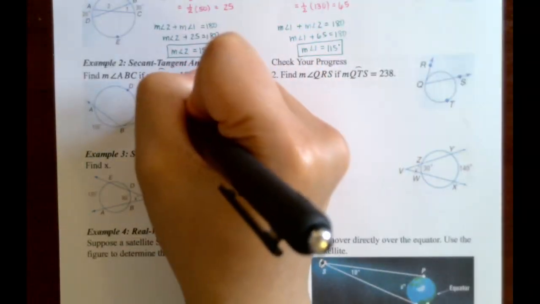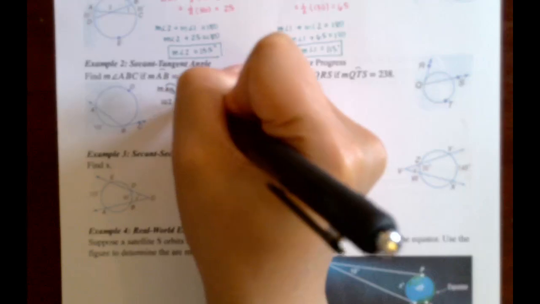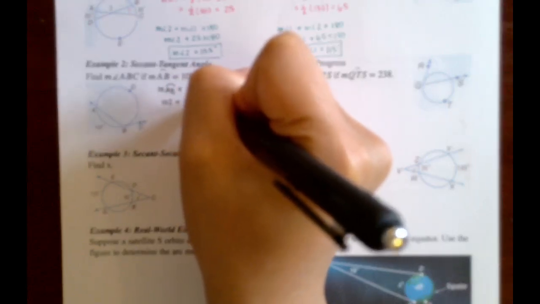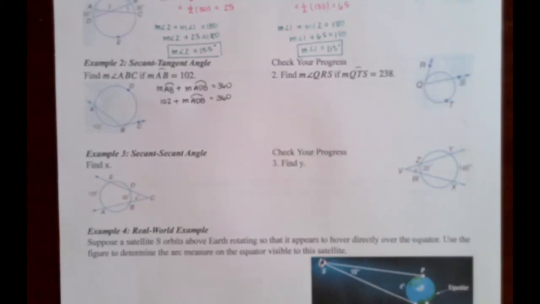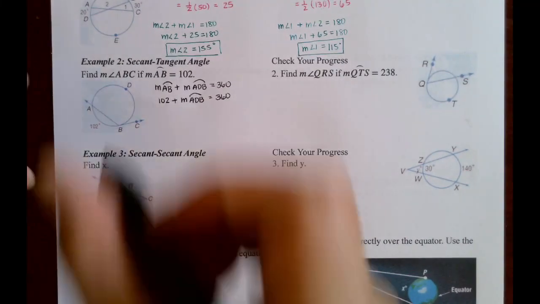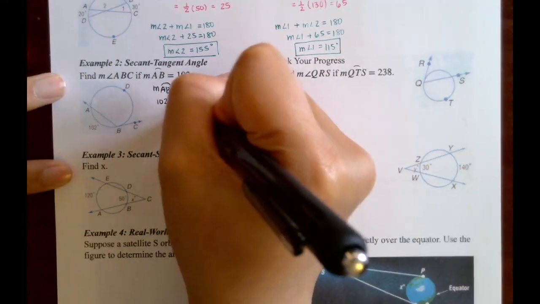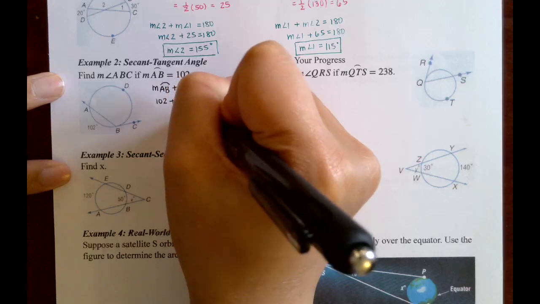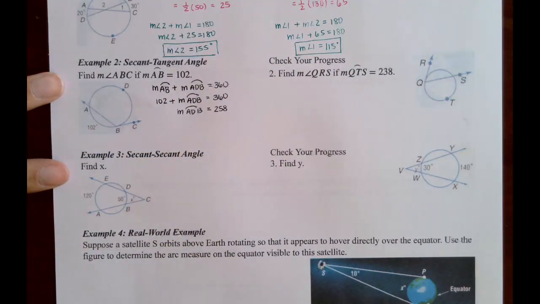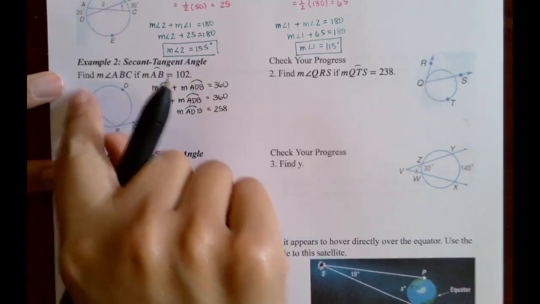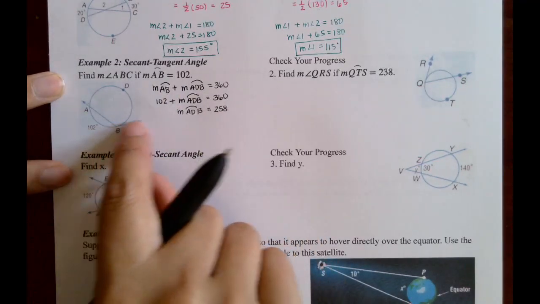If AB is 102, I can subtract 102 on both sides, and that gives me arc ADB equals 258. Then for angle ABC, this is the secant and this is the tangent.